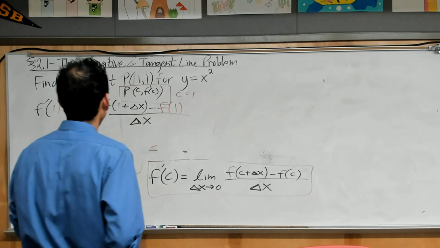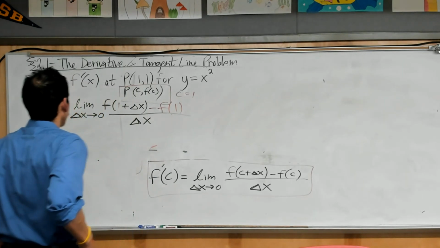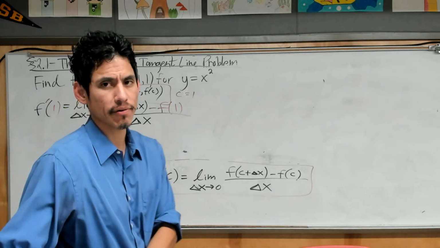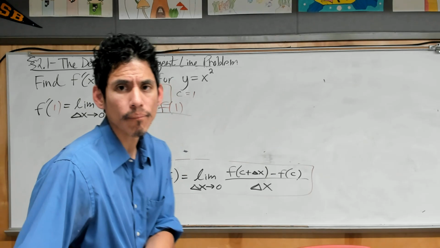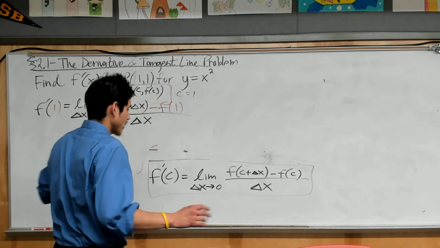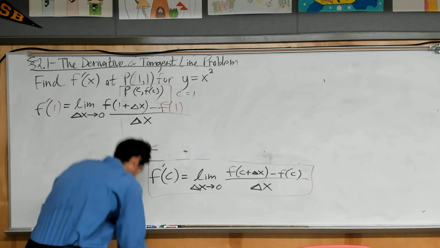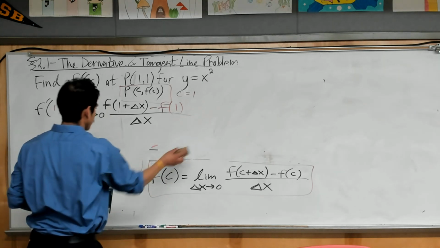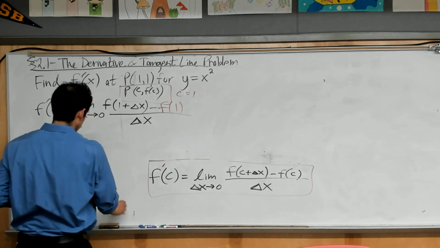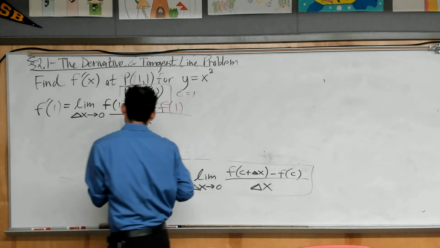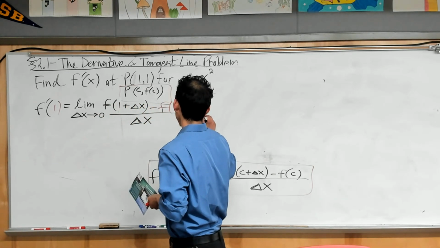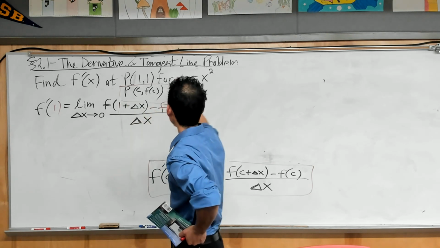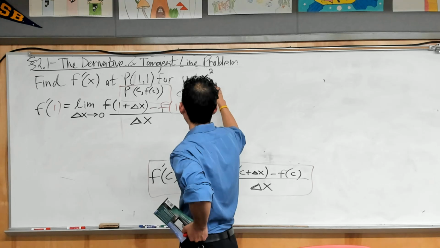Now, here's the thing. We want to break this down in a way that we'll cancel some stuff out. I'll show what the graph looks like at the end, because I don't want you to get used to that, because it may make you try to approximate or guess at it. So this part is the function equation. The function is x squared.